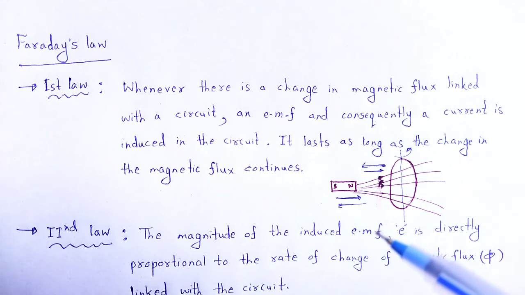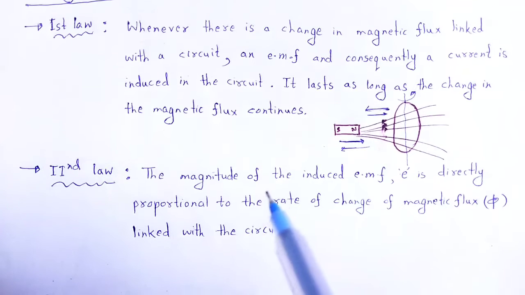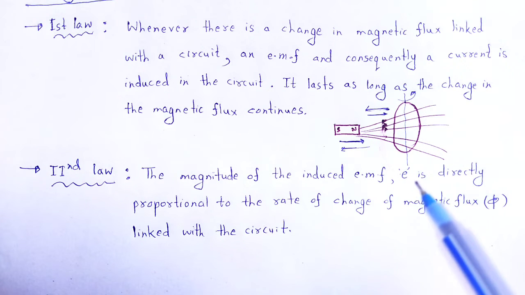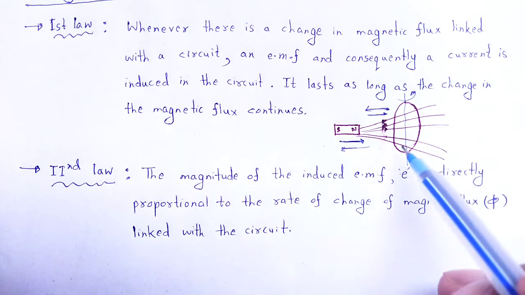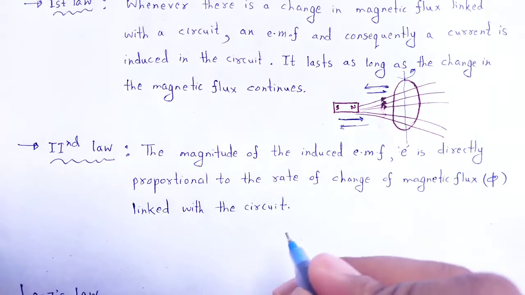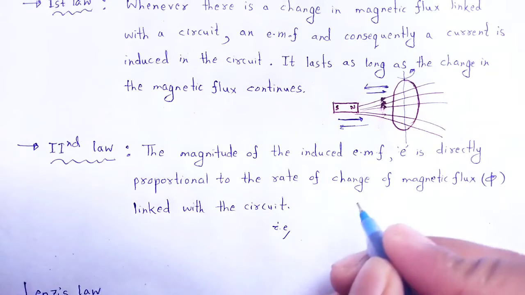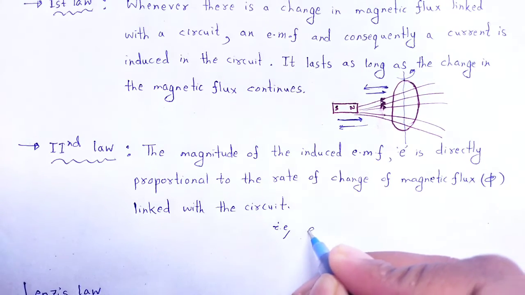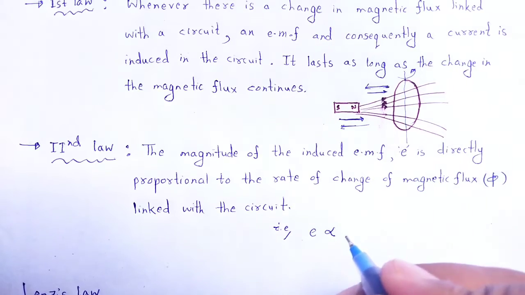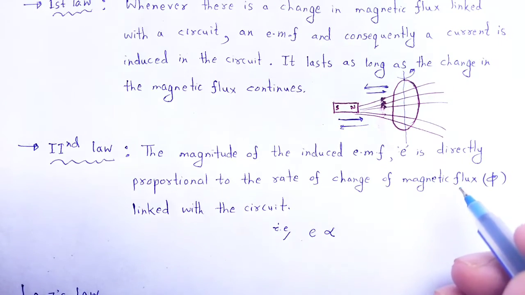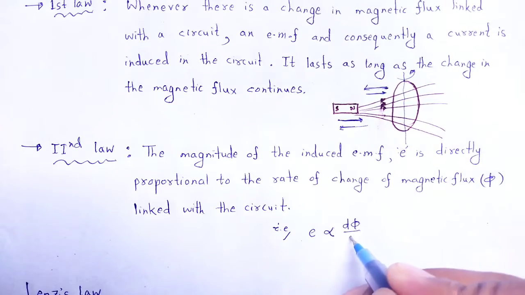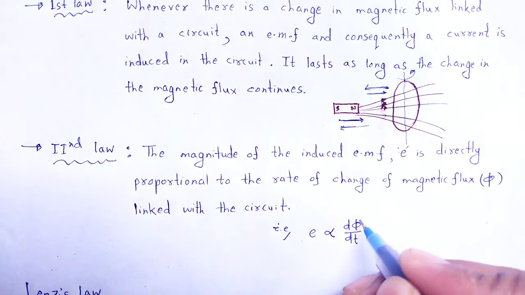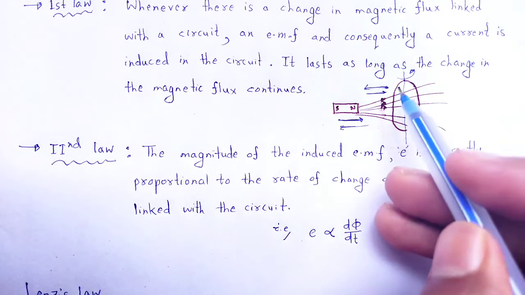So, what is the magnitude of that induced current? The magnitude of induced EMF E is directly proportional to the rate of change of magnetic flux linked with that circuit. That is, the induced EMF E is directly proportional to the rate of change of magnetic flux, d phi by dt.